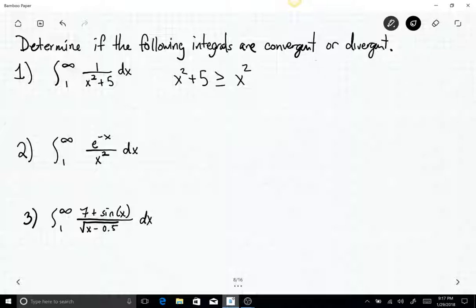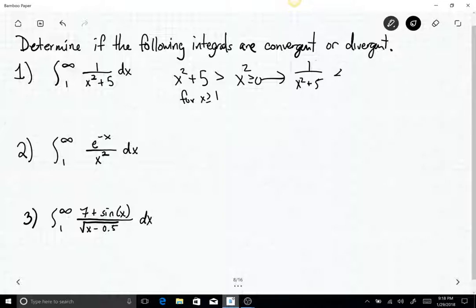We want it to be smaller. And well, the nice part is, when you take 1 over x squared plus 5, notice that just reverses. And I wrote greater than or equal to. I could actually make it strict. And I should say for x greater than or equal to 1. And notice that this is greater than or equal to 0, right?